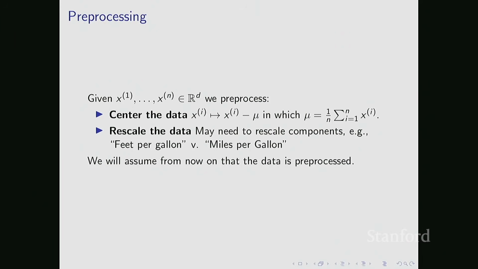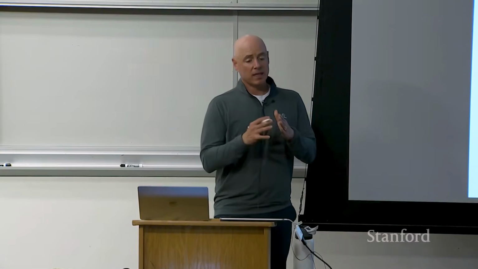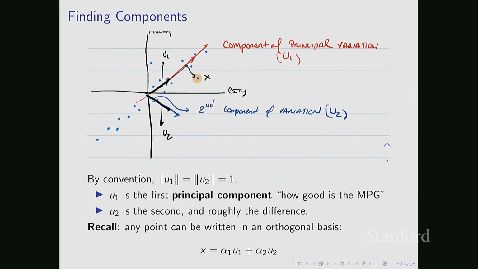Please. Sorry, just a couple of slides back. Can you explain what you mean by U2 is the second, roughly the difference? Oh, U2. Yeah, so U2 is going to be the second component of variation. That was a statement about the example. Let me go back to it so I can highlight it. Did I not draw it here? All right, so here, this component of variation is going to be roughly the difference between how good you are on the highway and how good you are on the road.